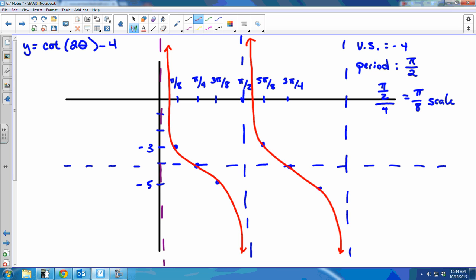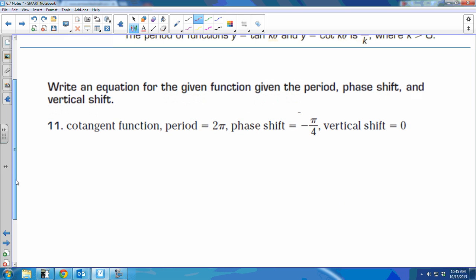All right, then the last part of learning target 16 is just writing an equation. Everything is the same while writing the equation, as it always has been, except the period is not 2 pi over k, it's just pi over k. So we're writing a cotangent function, so we have 2 pi equals pi over k instead of 2 pi over k.